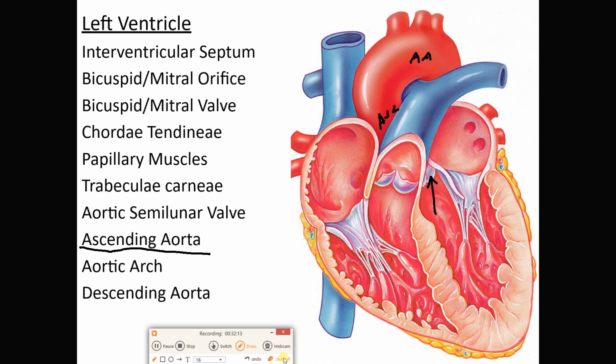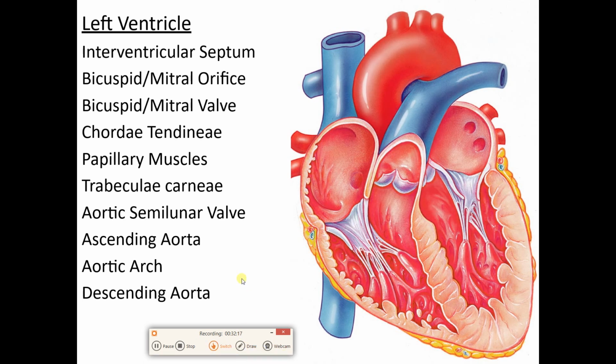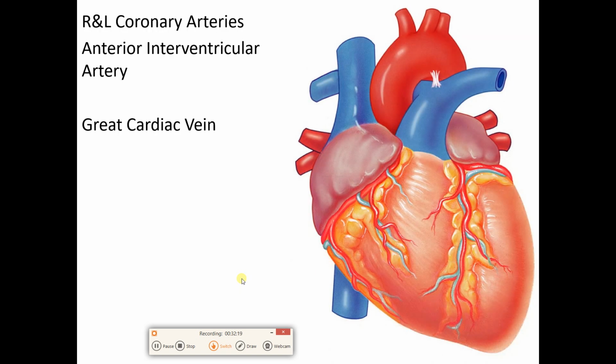On that note, I think we're done with this left ventricle for now. Let's keep on going and talk about some other arteries and some veins. So here's my aorta up here. There's my ascending aorta where I'm dancing my cursor right there.